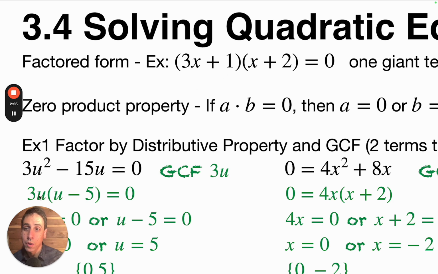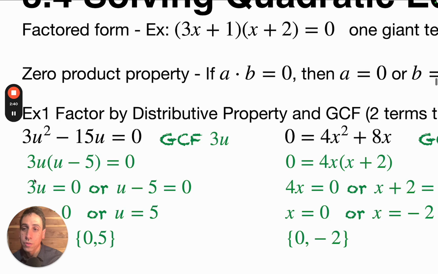We have one expression times another expression equals 0. And because it's in factored form, we can use the zero product property. We can say that this times this would equal 0. So therefore, one of the two different expressions would have to equal 0. So you could say 3u is equal to 0, or u minus 5 is equal to 0.